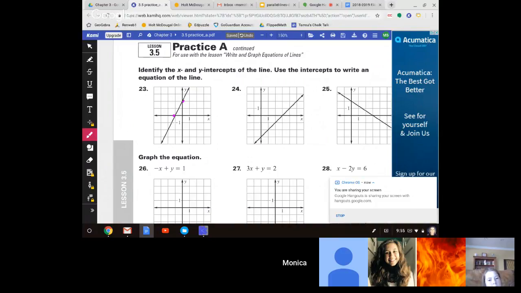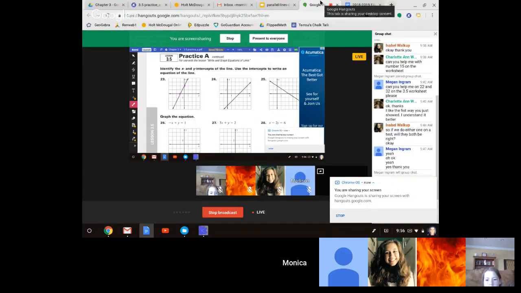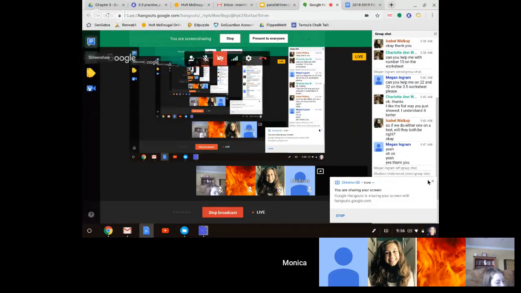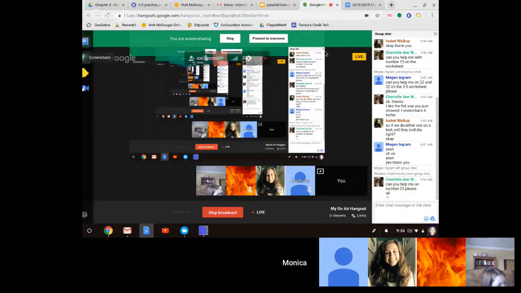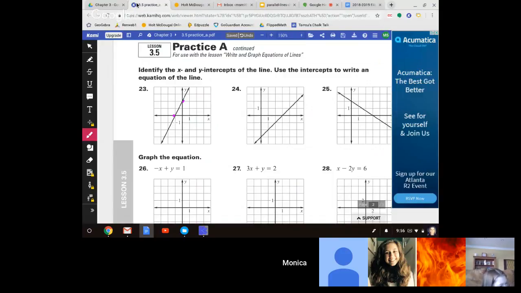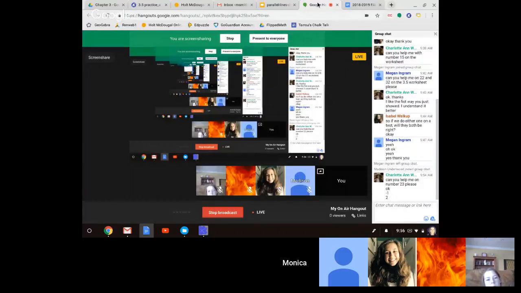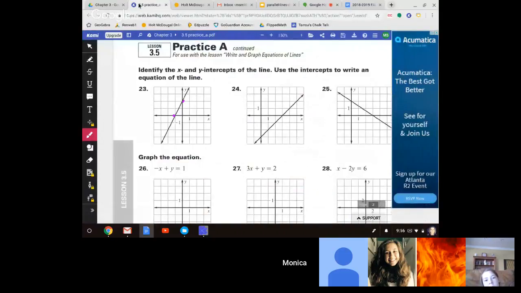So you would have to say the x-intercept is what value? Yeah, -1, that's right. And then what's your y-intercept? 2, yes. Okay.